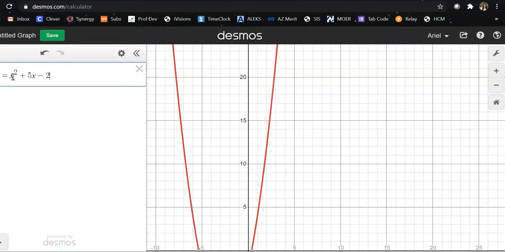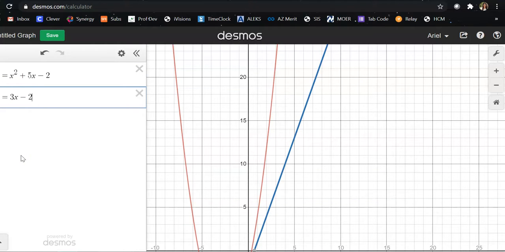And then I want to type in the second equation in the second row. So I will type in y equals 3x minus 2.